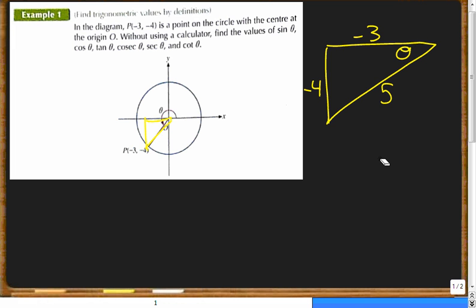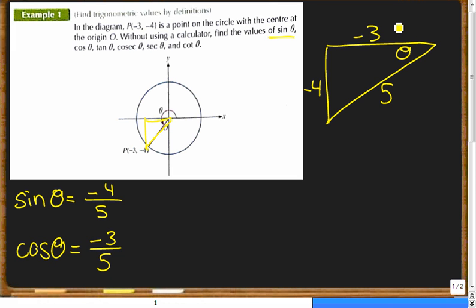So we'll do this in this order, our sine of theta for this is going to represent our y, which is -4, over our hypotenuse, which is 5, or radius. Our cosine of theta is going to be -3 over 5, because that's going to be our x over that.